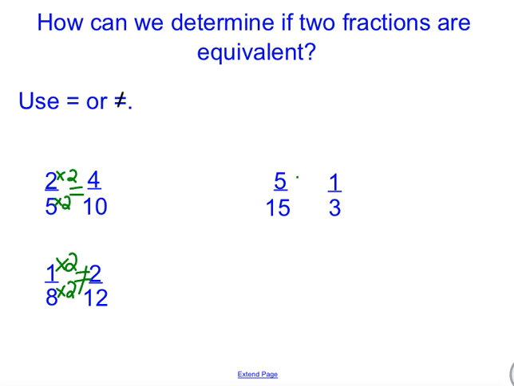Well, 5 divided by 5 will give me 1. So if I'm going to divide by the same number for the numerator, I have to use the same number for my denominator. So I'm going to do 15 divided by 5, and that is 3. It does work out. So I'm going to say they're equal.